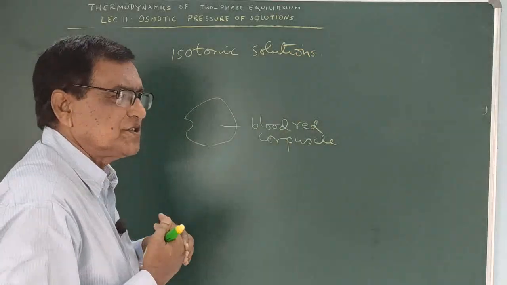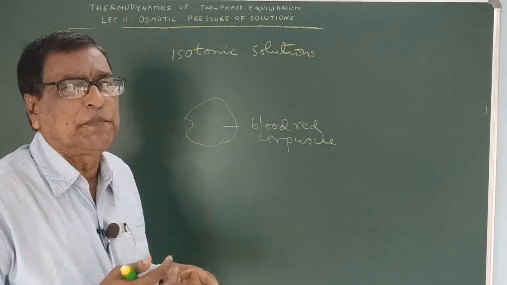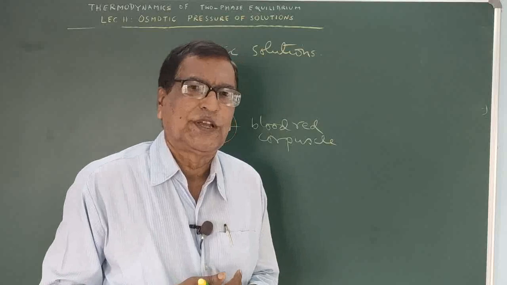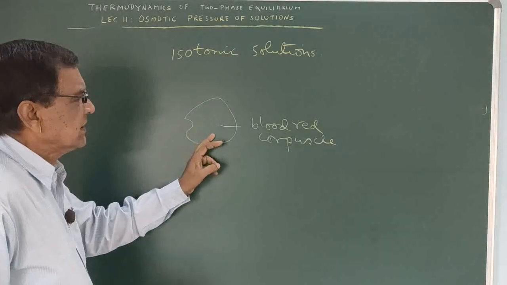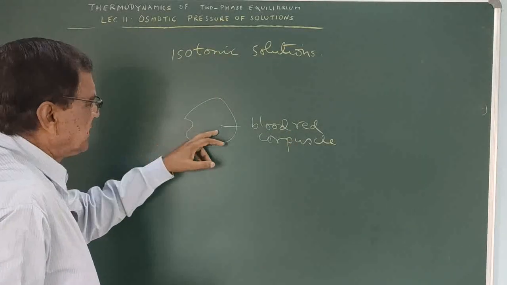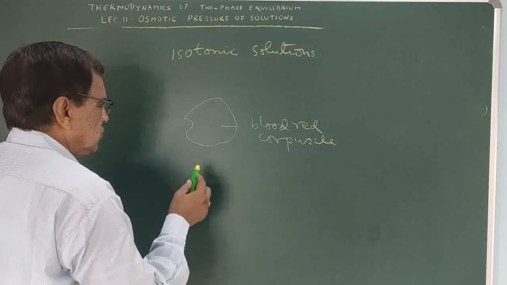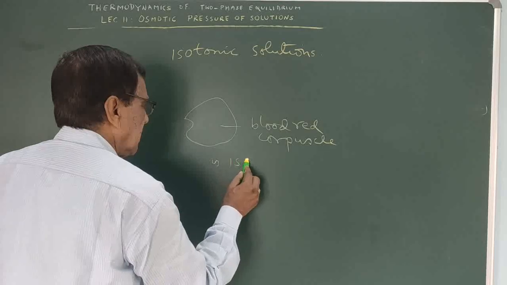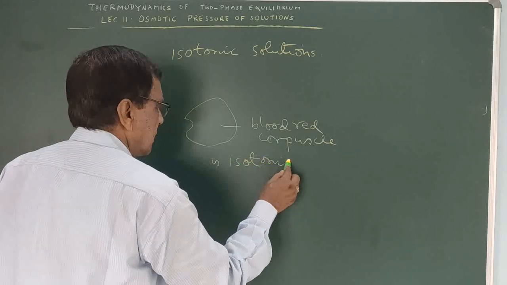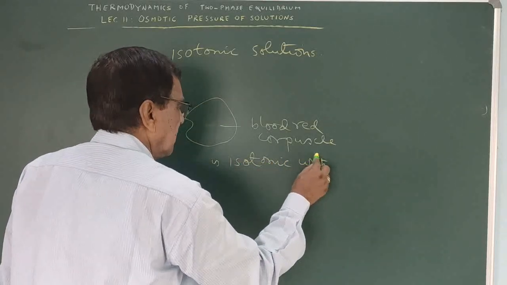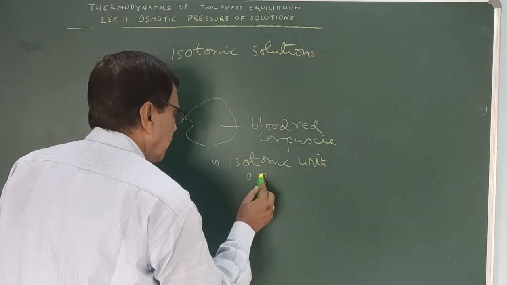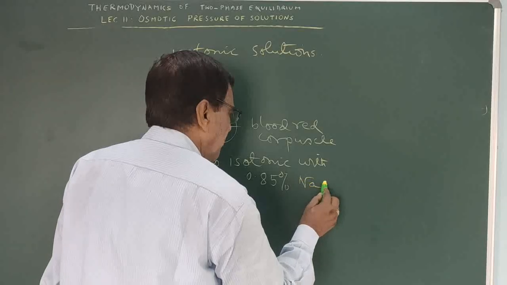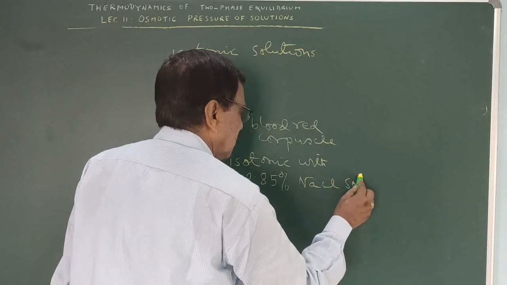Here, the blood red cell is isotonic with 0.85% sodium chloride aqueous solution.